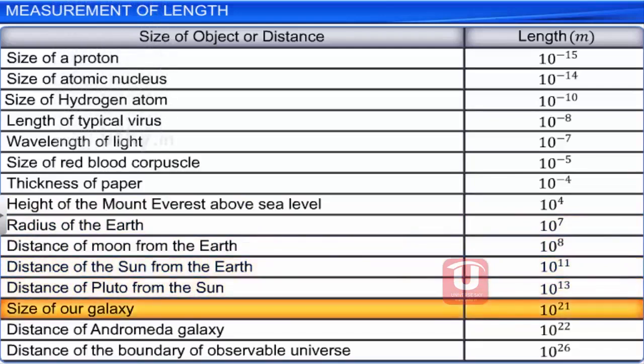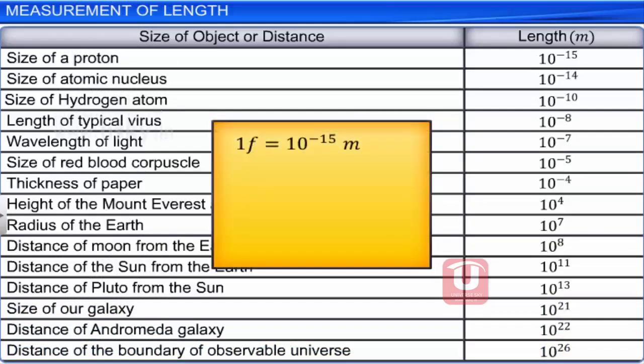Some of these units are named for usability purpose, such as Fermi, denoted by small letter f, which is equal to 10 to the power minus 15 meter. Angstrom, denoted by accented A, equal to 10 to power minus 10 meter.